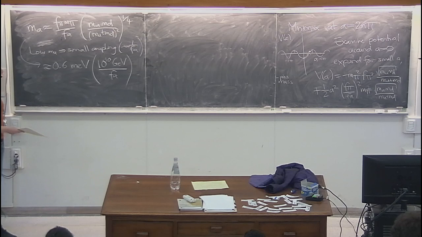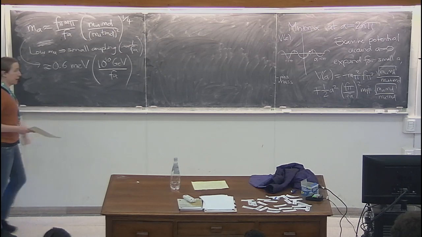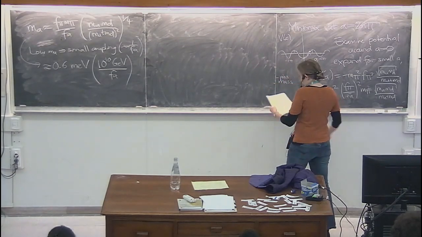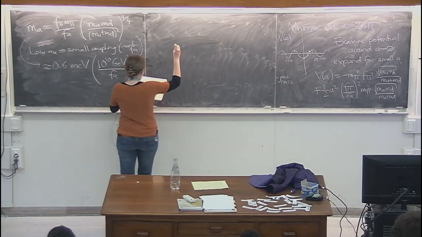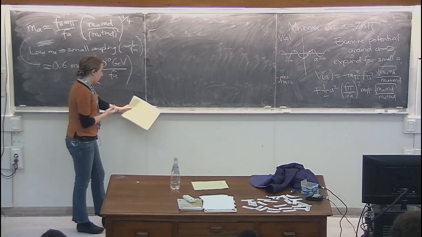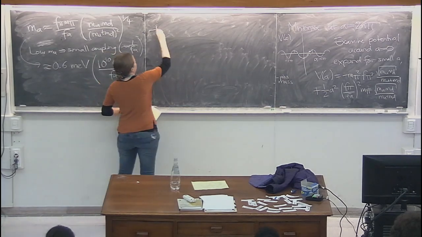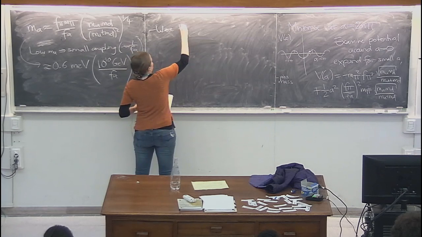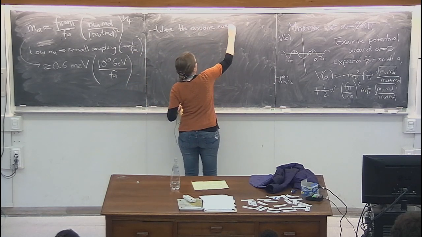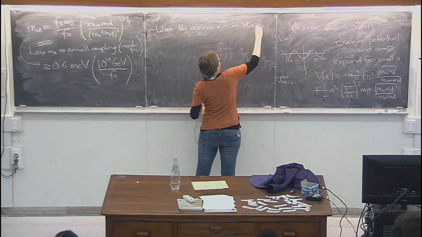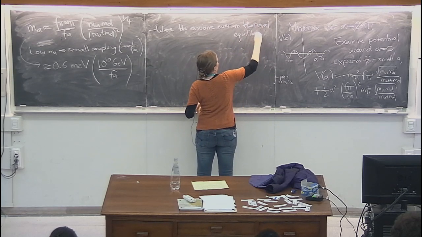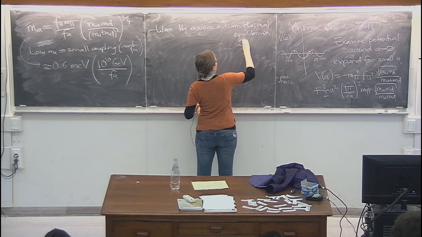Okay, so if we wanted to look at this as a possible dark matter candidate, there are a few questions that we need to ask. We need to ask, were the axions ever in thermal equilibrium with the standard model? And we also want to ask, are they stable?